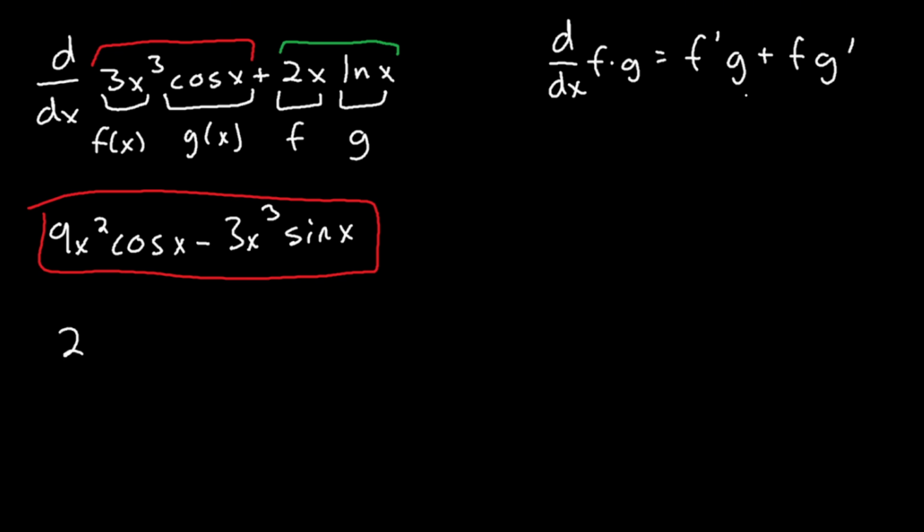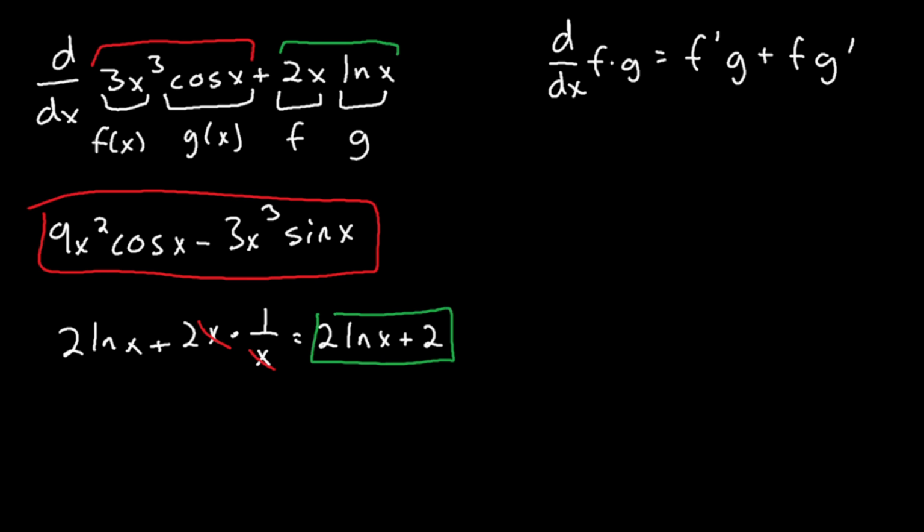And we need to rewrite g, which is just ln of x, plus f, which is 2x, times g prime. So the derivative of ln is just 1 over x. So what we can do here is actually cancel out the x's here, and then we get a derivative of 2 times ln of x plus 2 for our second term.